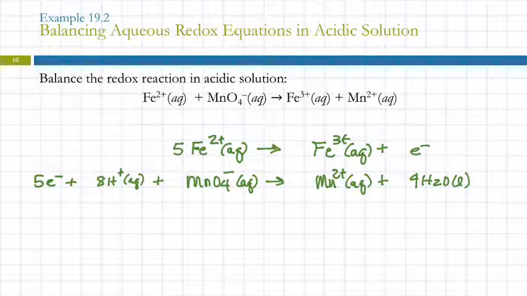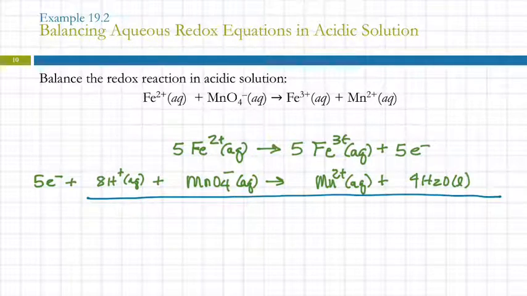So 5 Fe2+ making 5 Fe3+ plus 5 electrons. Now we're ready to add them together. So 5 electrons on one side, 5 on the other, those cancel out. And then I'm going to copy down the rest of it.